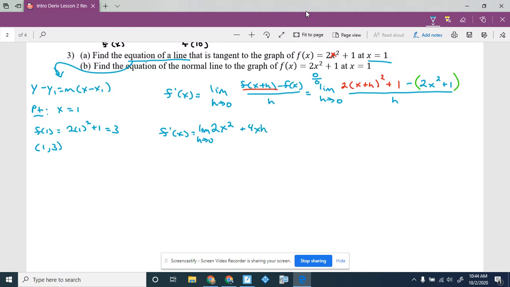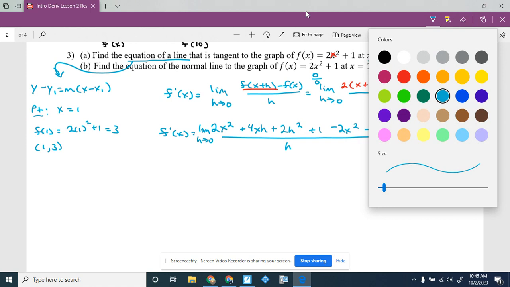If you're not following, take the time to write this twice and distribute it. h times h is h squared, times 2 is 2h squared. Then plus 1, then negative 2x squared, and if I distribute this negative, I get minus 1. All of this is over h.